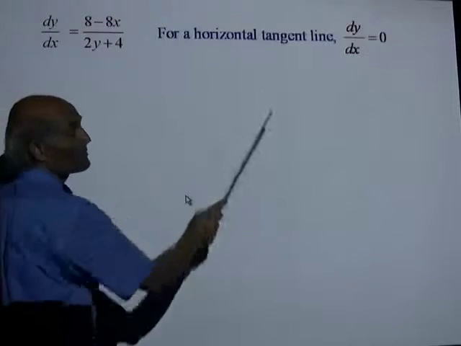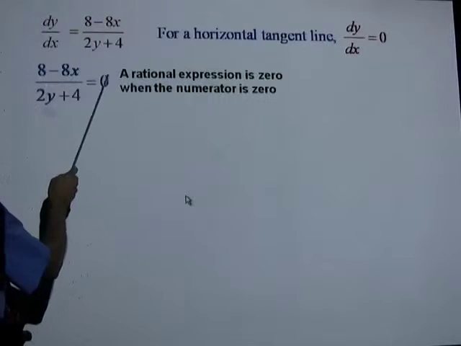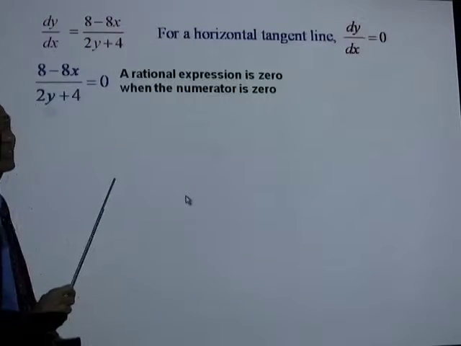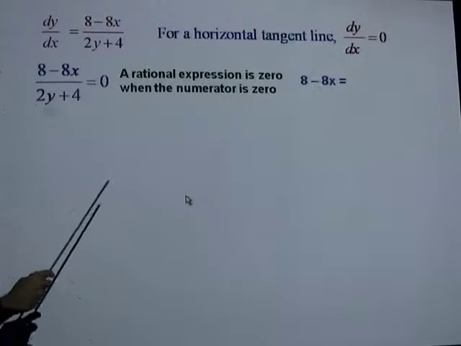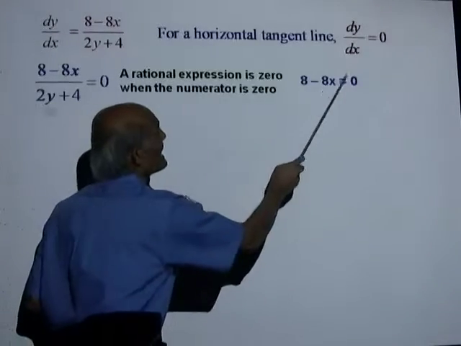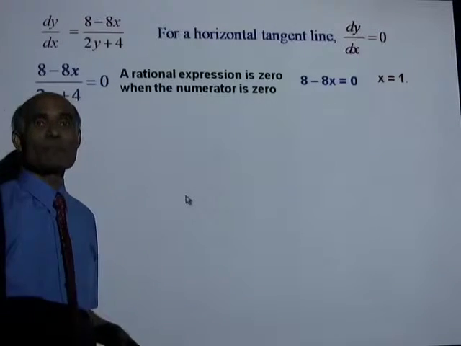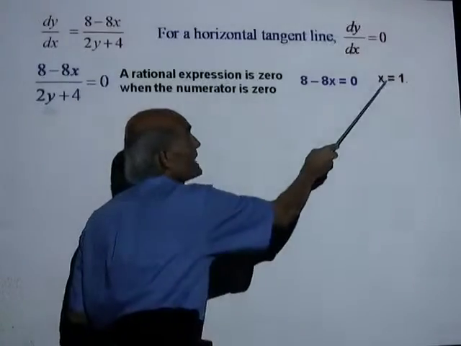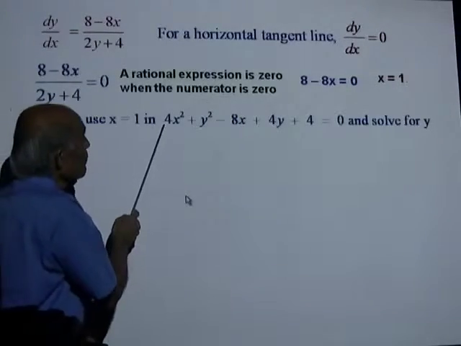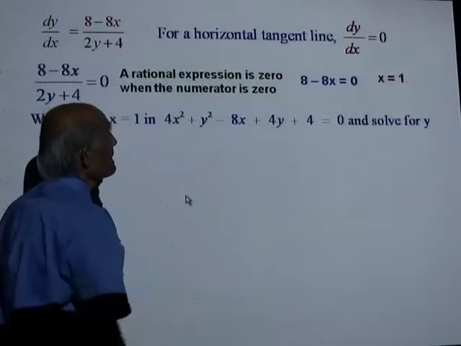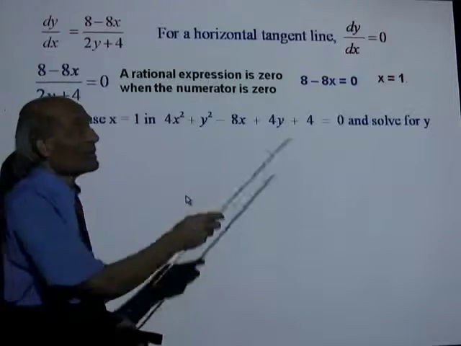So, for a horizontal tangent line, dy by dx equal to 0, and a rational expression is 0 when its numerator is 0. So we say 8 minus 8x equal to 0, and that gives you x equal to 1. And now we take x equal to 1 to our original expression, which is this one: 4x squared plus y squared minus 8x plus 4y plus 4 equal to 0.